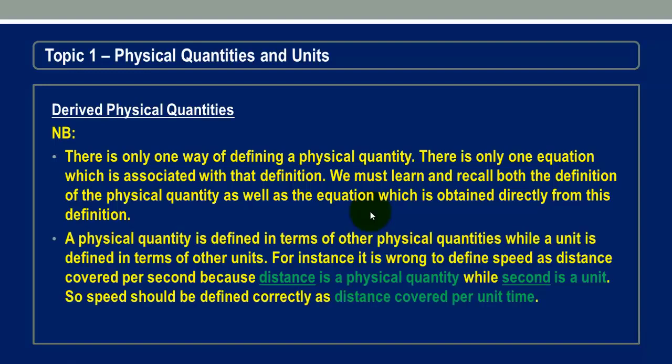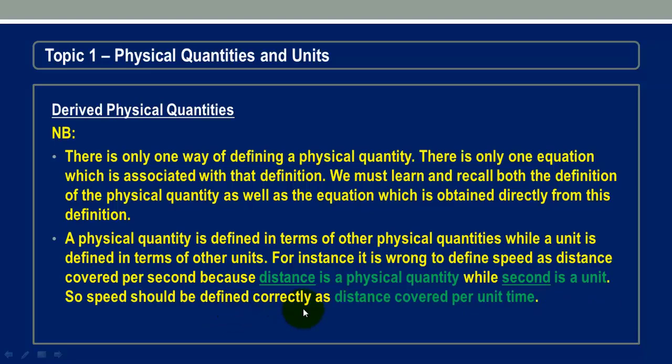Point number 2. A physical quantity is defined in terms of other physical quantities, while a unit is defined in terms of other units. For instance, it is wrong to define speed as distance covered per second because while distance is a physical quantity, second is a unit.